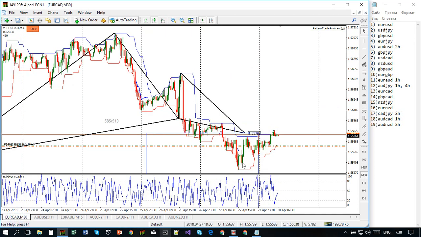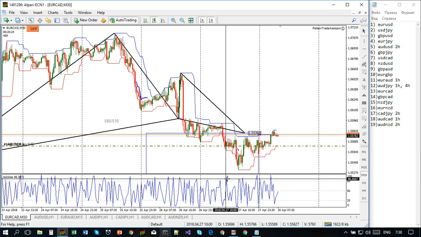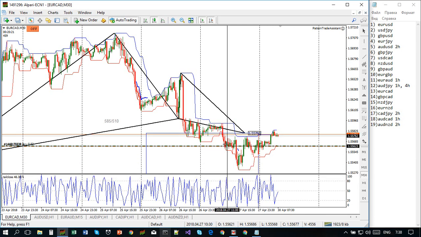So it is the same as we have here. Price entered my pattern here, you see, then it installed a bullish candle here like this. This one is a bullish candle, so this was a signal. I waited for a bit for price to move lower, and I entered here.